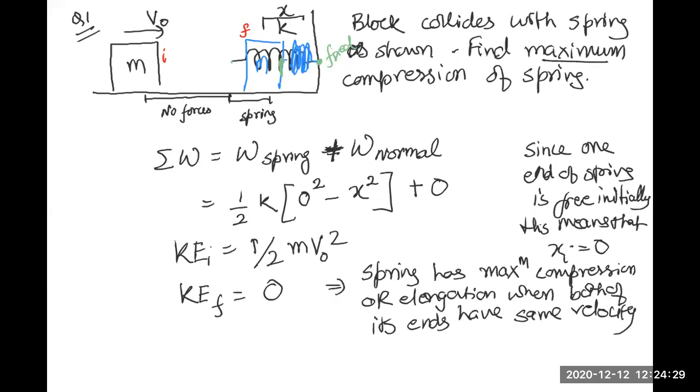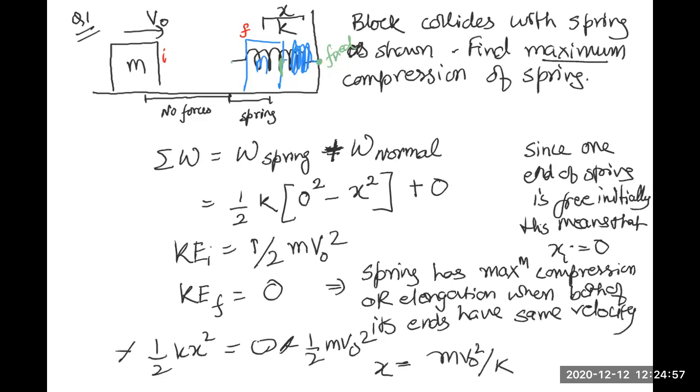Okay, so let's put everything in. Minus half kx square is equal to final kinetic energy minus initial kinetic energy, right? माइनस माइनस कैंसिल हो गया। हमको निकालना है x। x की वैल्यू आती है हमारे पास m v नॉट स्क्वायर बाई k.